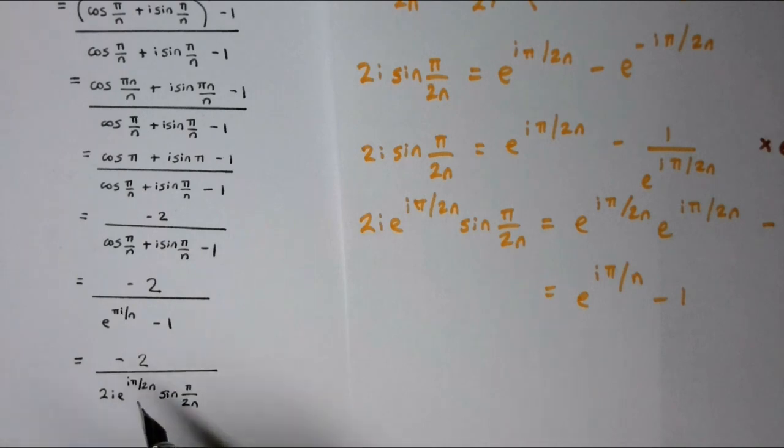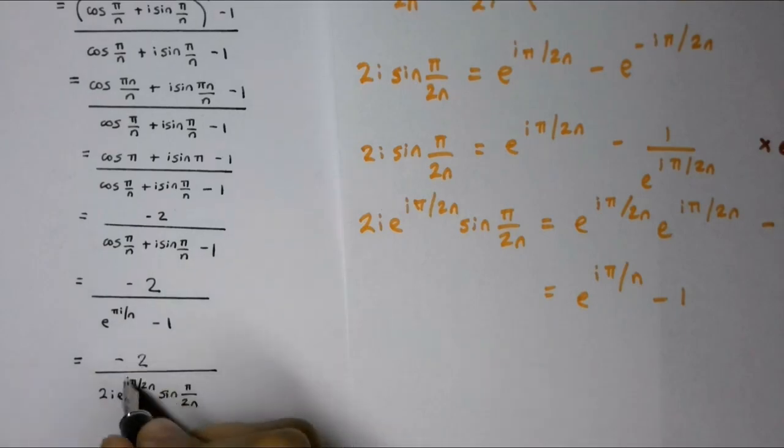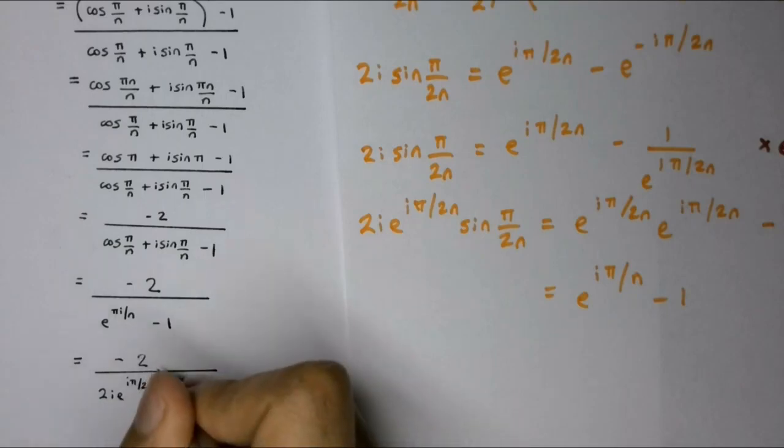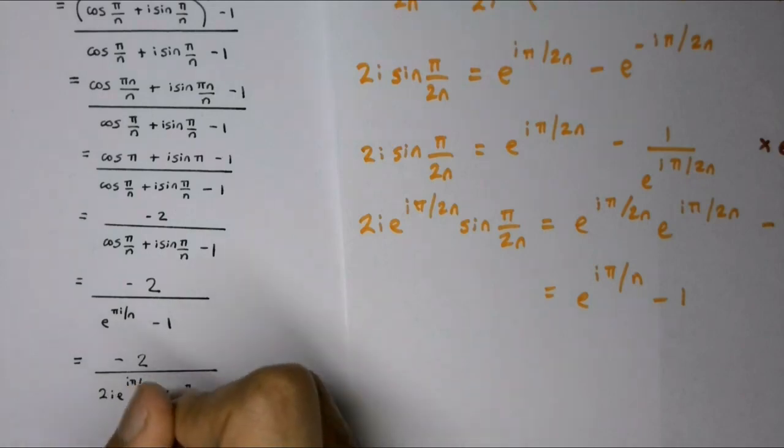And what we can now do is, for us to get the sine of pi over 2n over here, we need to divide the top and bottom by e to the i pi over 2n.